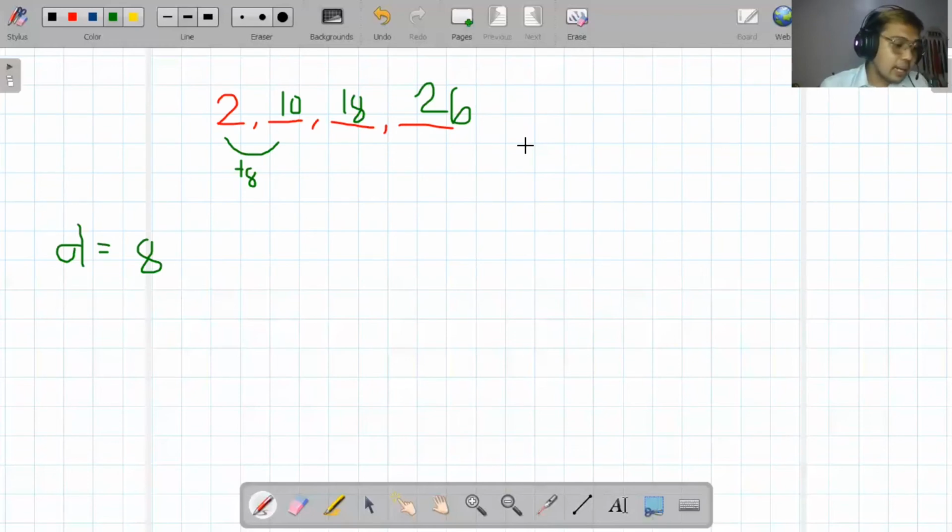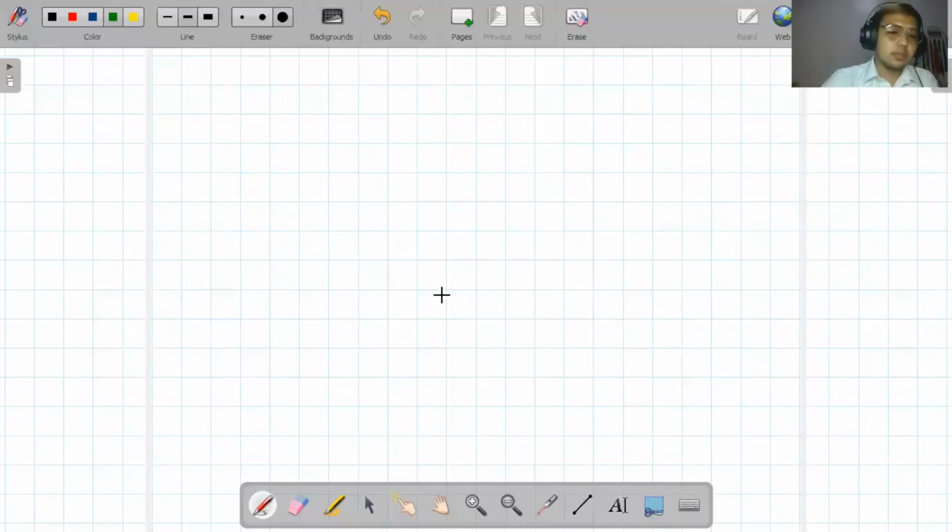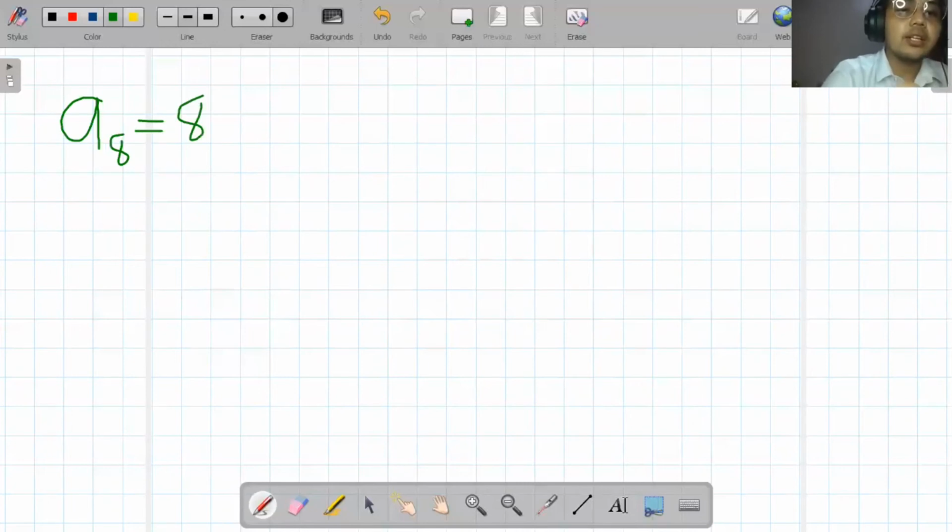Then, let me go back to letter E, number 5. Letter E, number 5, and letter F, number 3, ask you to find a term. For example, find A sub 8, meaning I am looking for the 8th term.